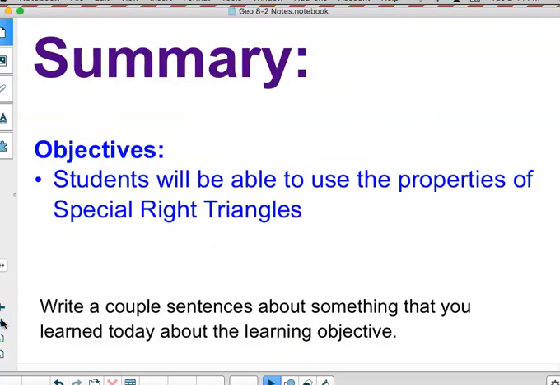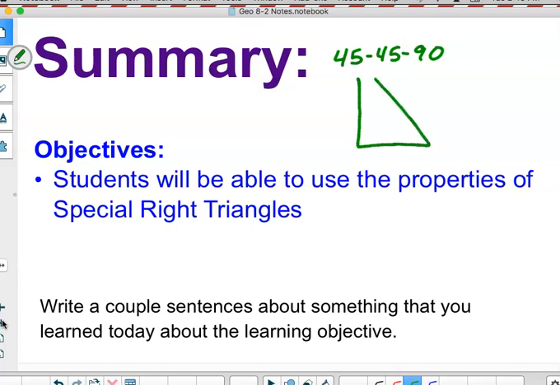Now, our summary today. Our objective: students will be able to use the properties of special right triangles. Those are 45-45-90 and 30-60-90. And maybe we'll get some pictures in with this. So for 45-45-90, remember the pattern: x, x, x square root of 2.